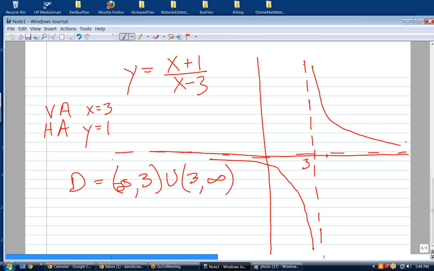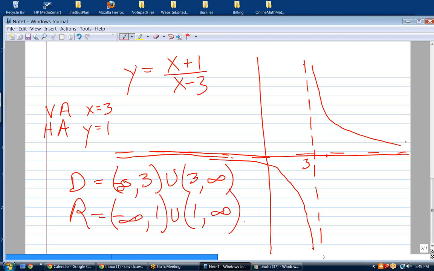In other words, you go from negative infinity right up to 3, but not including it. But then you can pick up to the right of 3, but not including it, and go all the way to positive infinity. So what's the range? Negative infinity all the way to 1, and then 1 to positive infinity.